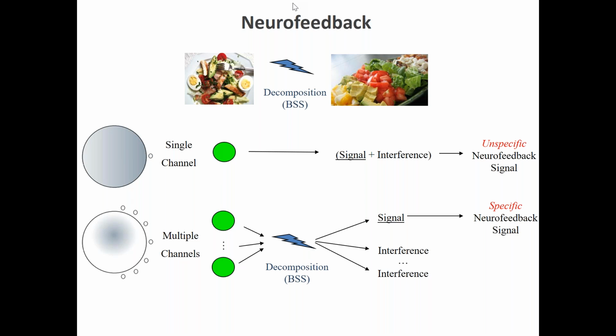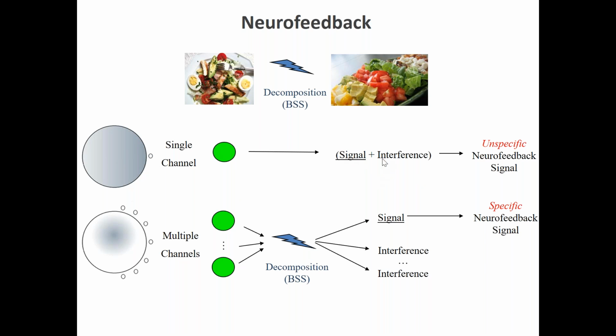Now, when you do neurofeedback with one electrode, plus a reference, of course, this electrode records something that comes from the brain underneath the electrode, but it also records something that comes from the brain elsewhere, not underneath the electrode.